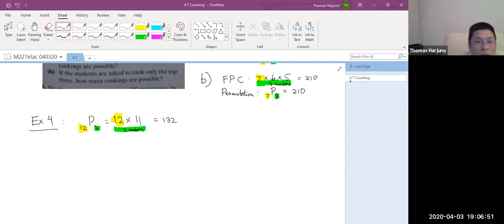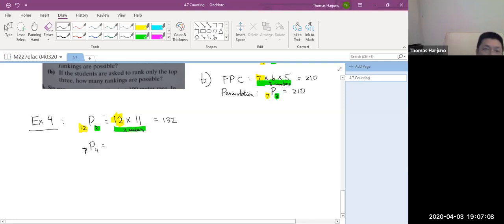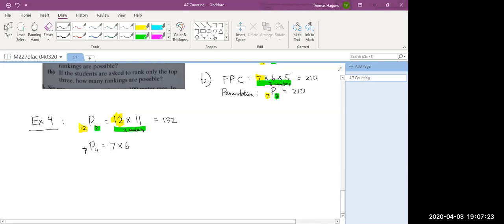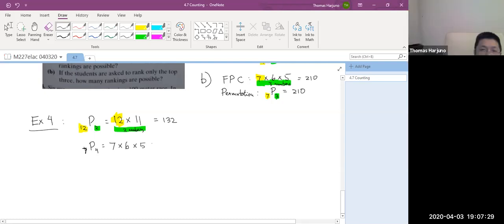Can anybody do this then? How about 7 permute 4? Either you use a calculator or you use multiplication. If I do multiplication, what number do I start with? I start with 7, that's right, and then 6, and then 5, and then 4, and then 3.